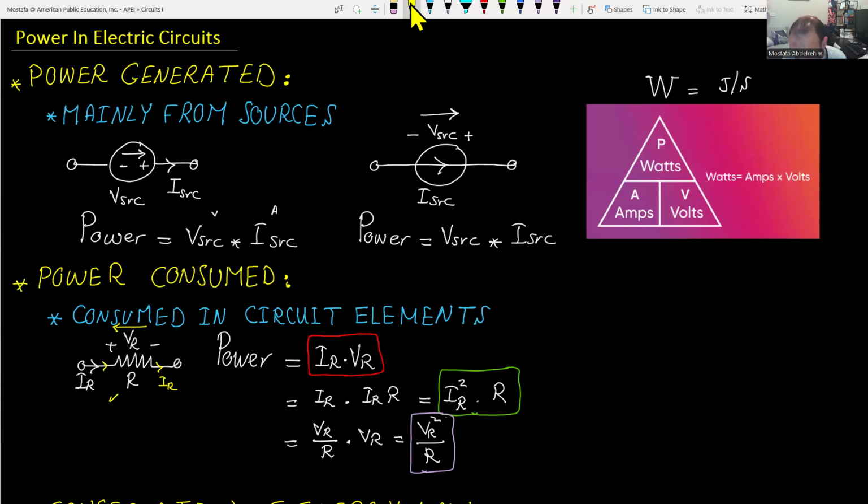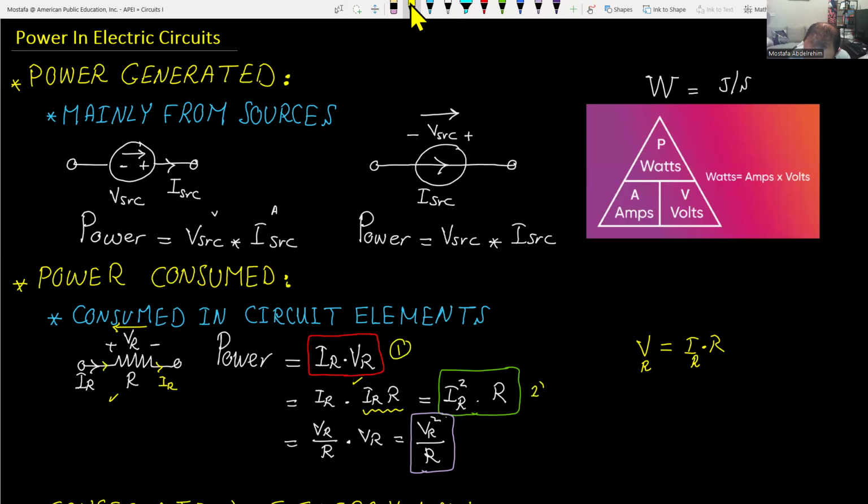But we know from Ohm's law that V is equal to IR, the voltage of the resistance equals the current of the resistance multiplied by the value of the resistance. So I'm going to remove V here and put IR. So we have I multiplied by I multiplied by R, so it's I squared R. That's the first law.